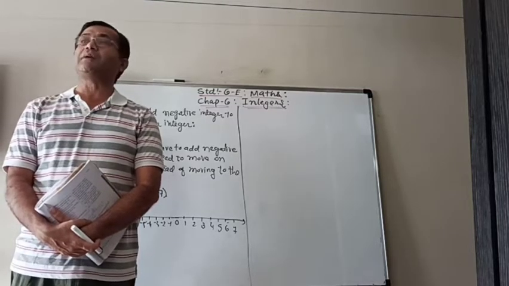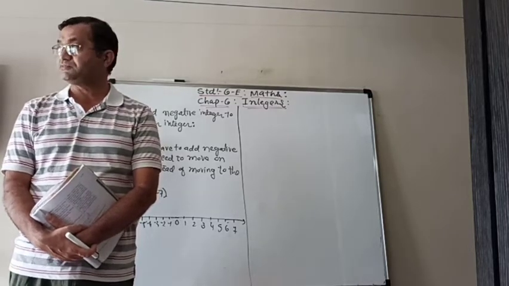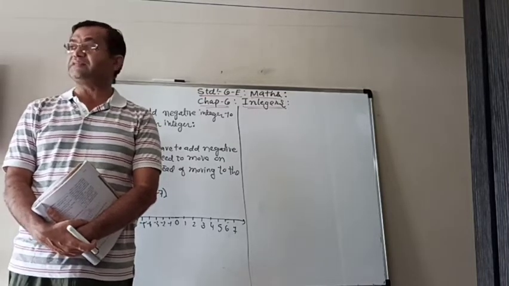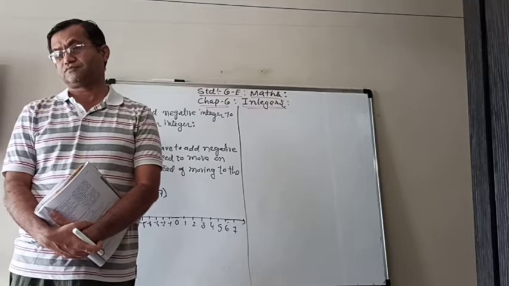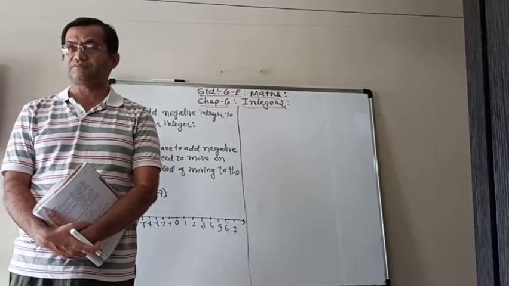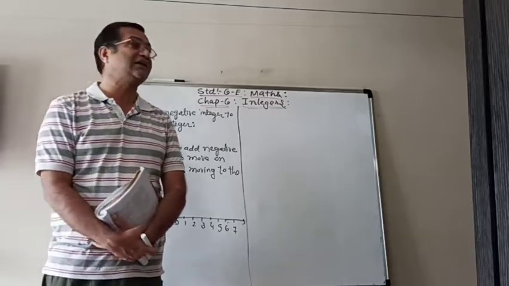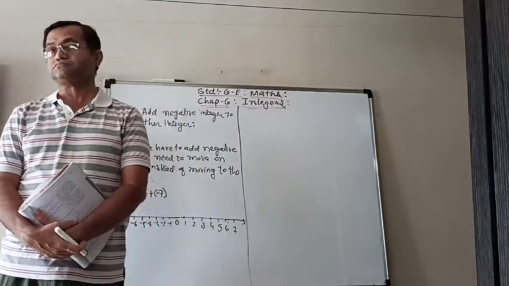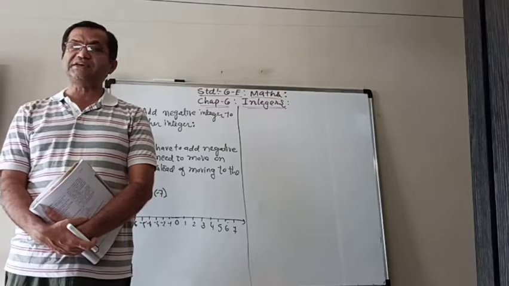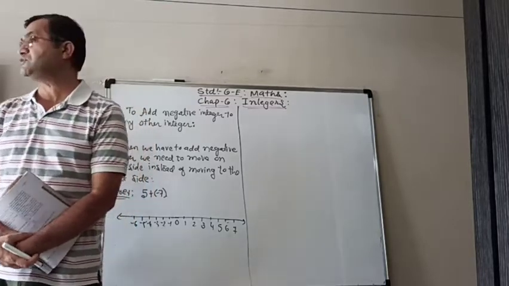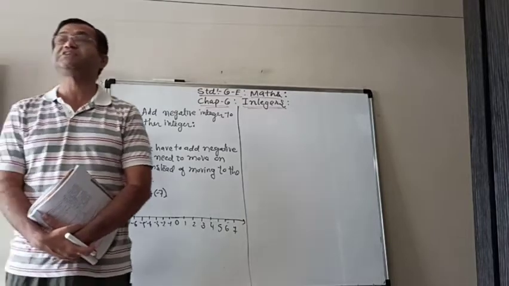First we learned about adding integers, in which we saw that when we add an integer on the number line, we generally move toward the right side. But in that situation, the number which we were adding was only a positive integer.